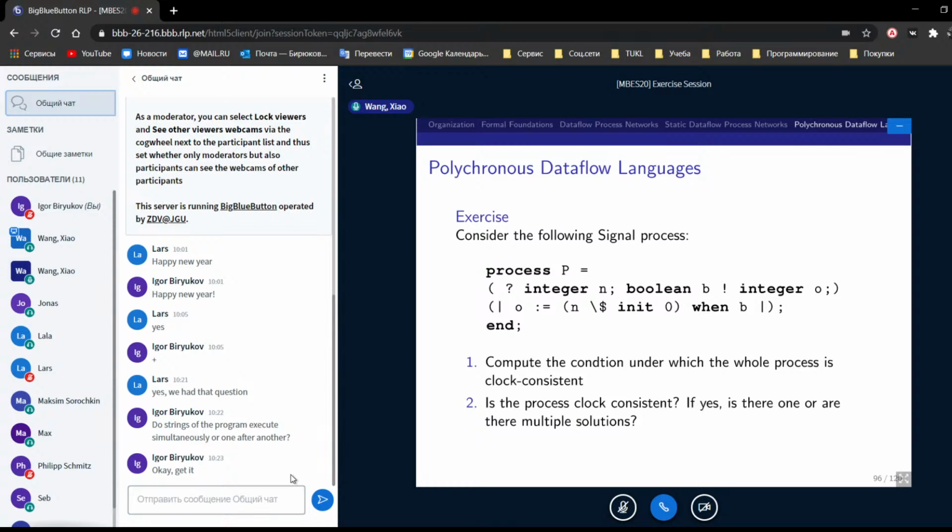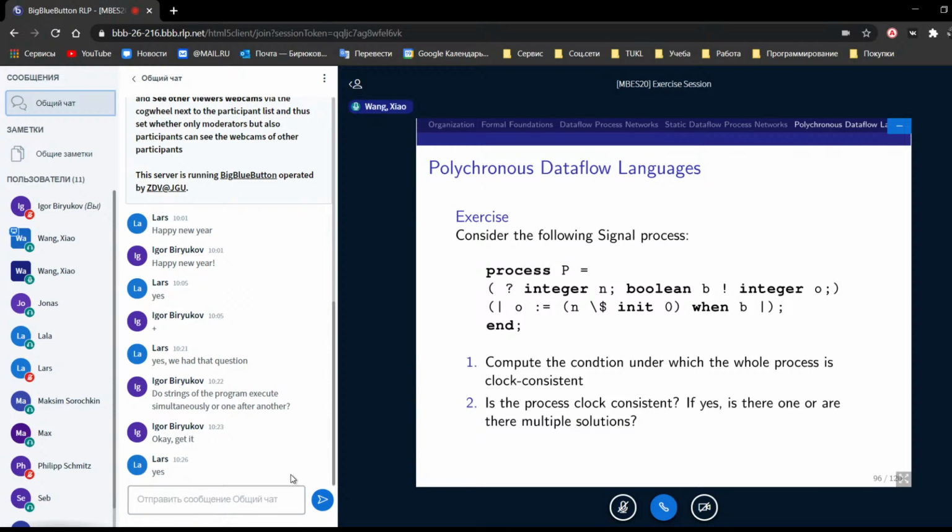And finally, we need to see if the process is clock consistent. Okay. First of all, just eyeballing it, what do you think? Is it clock consistent? It should be, right? Okay.